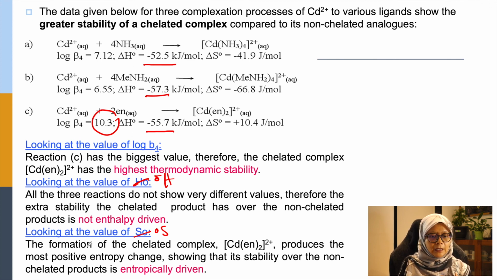And for the delta S, C has the largest value, positive 10.4. So C produces the most positive entropy change, and it can be considered as entropically driven.